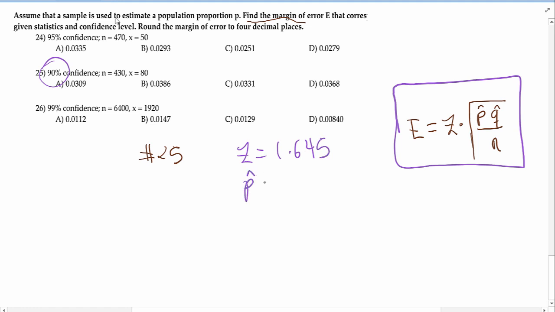The proportion in the sample is going to be 80 divided by 430.